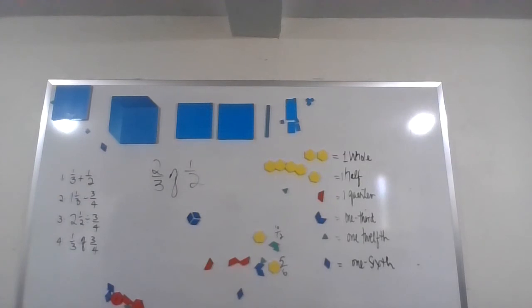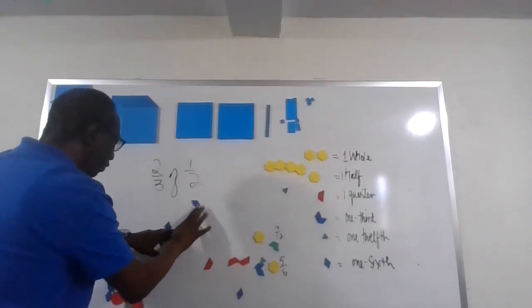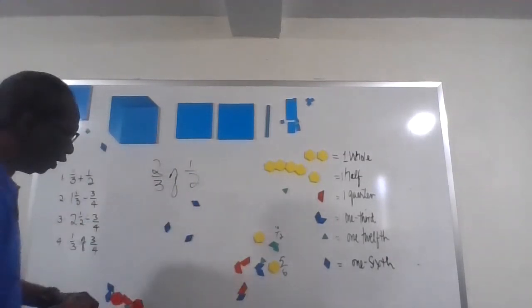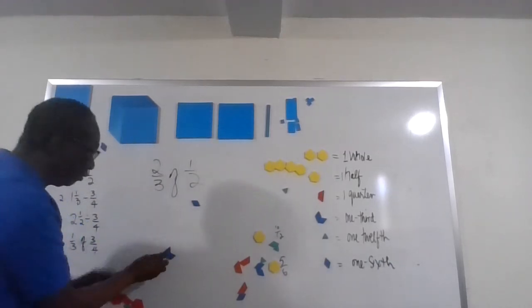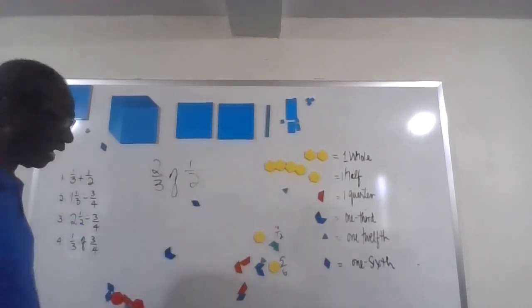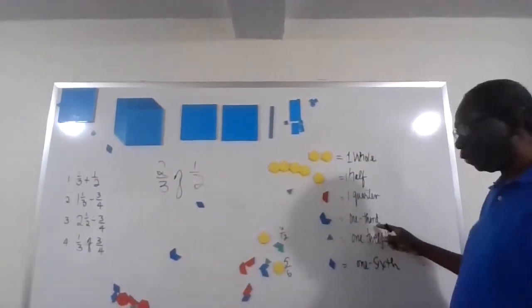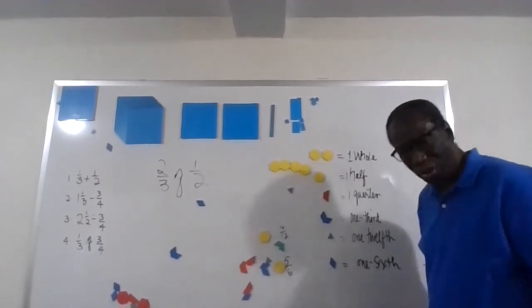Now I have 3 of them, right? I must put them in 3 equal parts, and I want 2 of the 3, or 2/3. So this would be my answer. I look across here and I realize, oh, look, that is 1/3. So my answer would be 1/3.